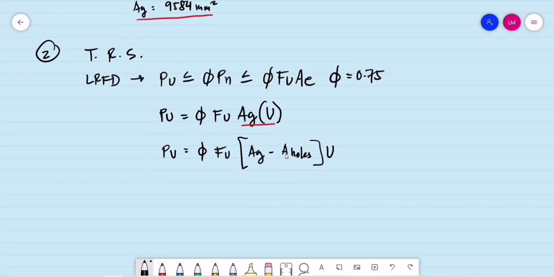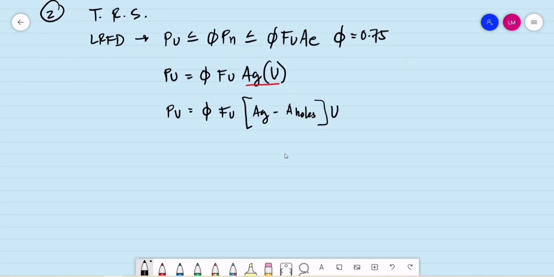So if we are computing for the gross area under tensile rupture strength, the gross area is equal to, manipulating this equation, Pu divided by phi Fu times the shear lag factor U. Then if I transpose the negative area of the holes, that will be plus the area of the holes.